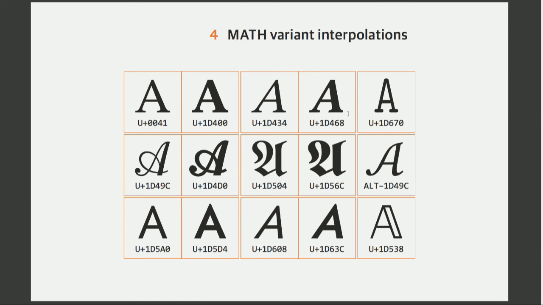So it doesn't make sense to have a weight axis in a math font. Or rather, if you were to have a weight axis in a math font, all of these other weights would have to be relative on that axis. So if you made your regular bolder, your math alphanumeric would have to get bolder still. So it just doesn't make a lot of sense.